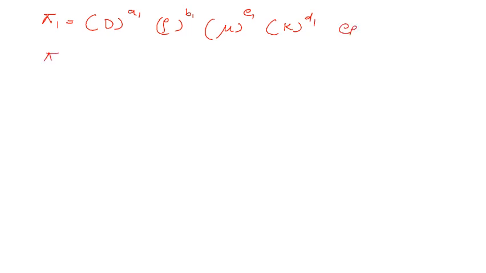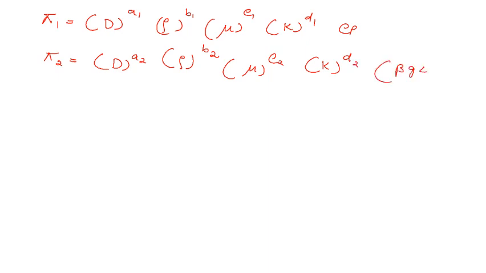Similarly, pi 2 is d to the power a2, rho to the power b2, mu to the power c2, and k to the power d2, and I am taking the buoyancy force, beta g delta T.